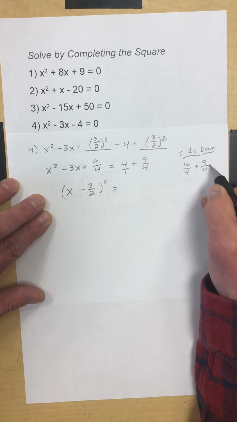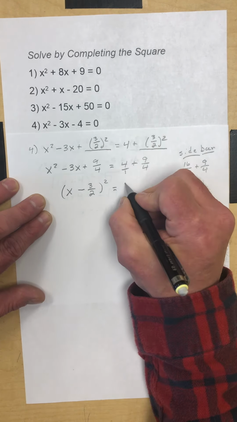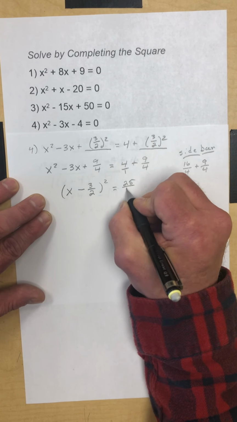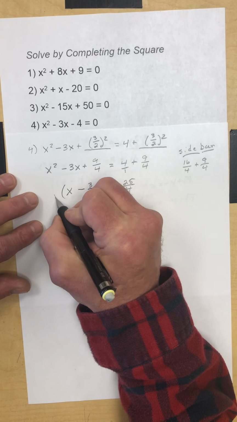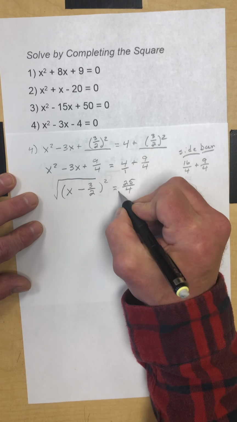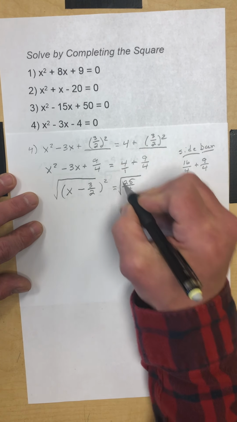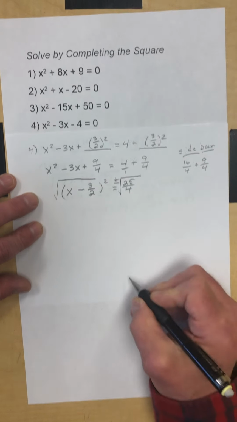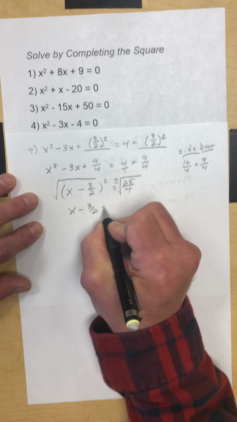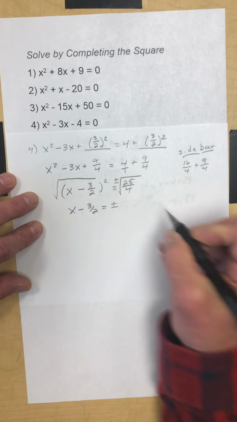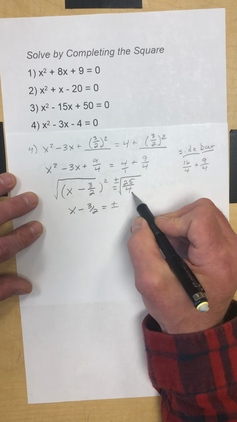And 16 plus 9 is 25, so I'm going to get 25 fourths. Okay. Take the square root of both sides. And remember, anytime you take the square root of a positive number, you have 2 of them, so that's plus or minus. So we get x minus 3 halves equals plus or minus the square root of 25 fourths.